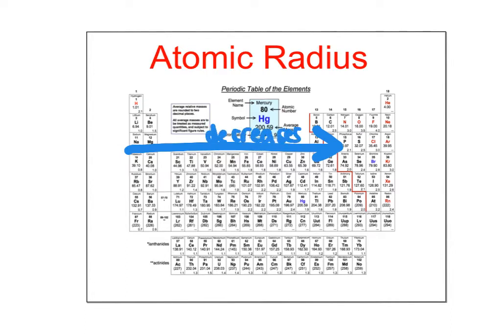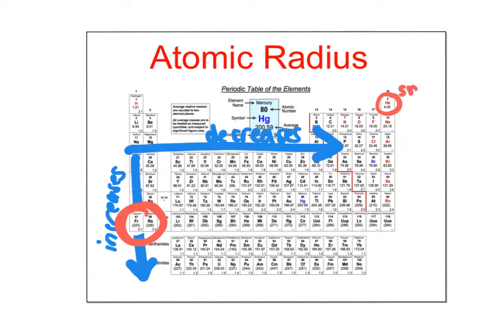And as we go down, atomic radius increases. Okay, so that's kind of our general pattern. So with that in mind, I kind of erased a little bit. I like to think of big fat francium and little bitty tiny helium.